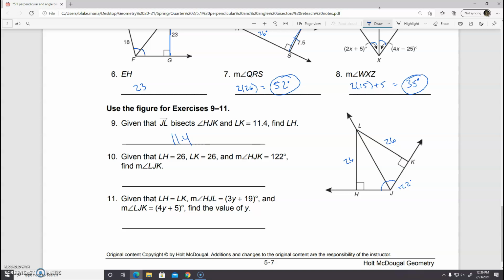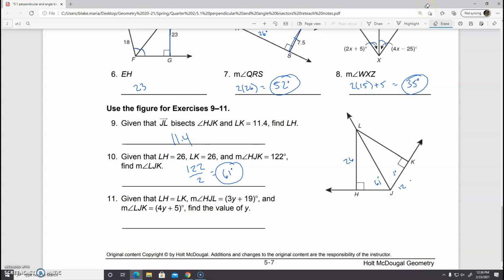Find the measure of LJK. So they just want one of these. Well, you know if it's equidistant, then this is an angle bisector. So if they tell you it's 122, half goes in each, so you get 61 degrees. So this one would be 61, and this one would be 61, because you know this is an angle bisector.